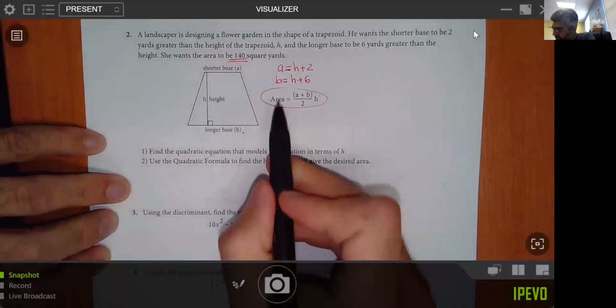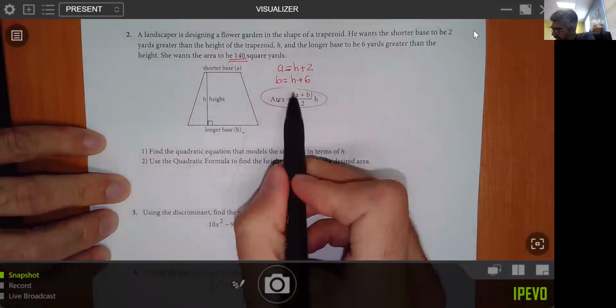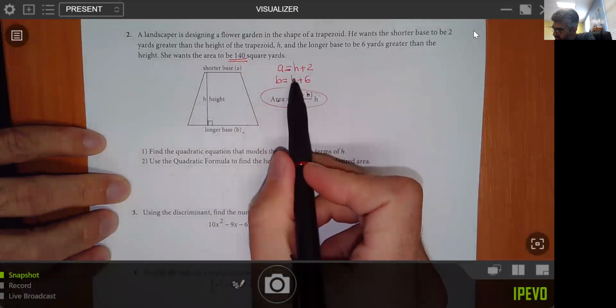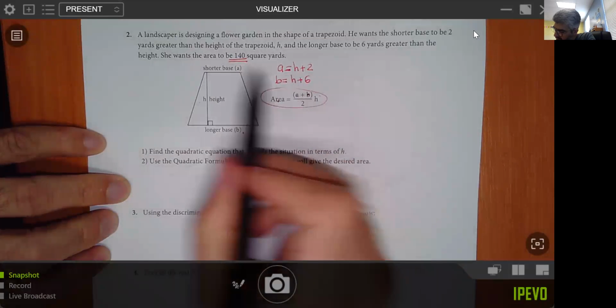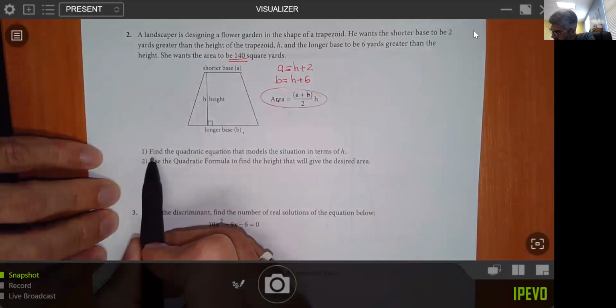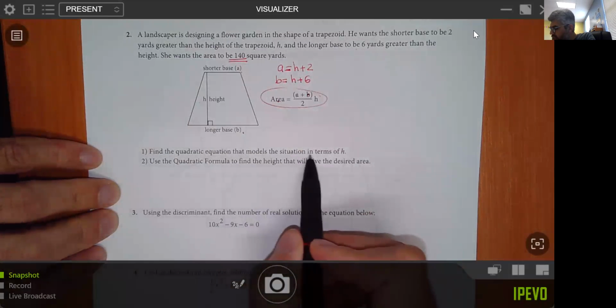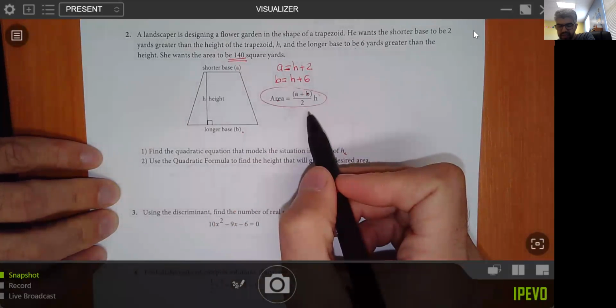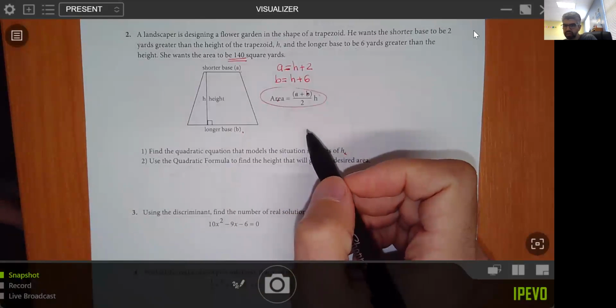So area is given, A and B given in terms of h. What is the question? Find the quadratic equation that models the situation in terms of h. So I will write this in terms of h as a quadratic equation.